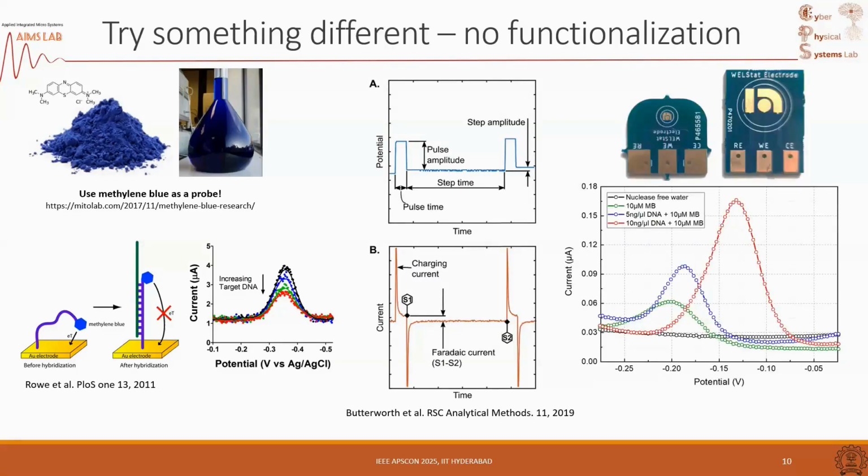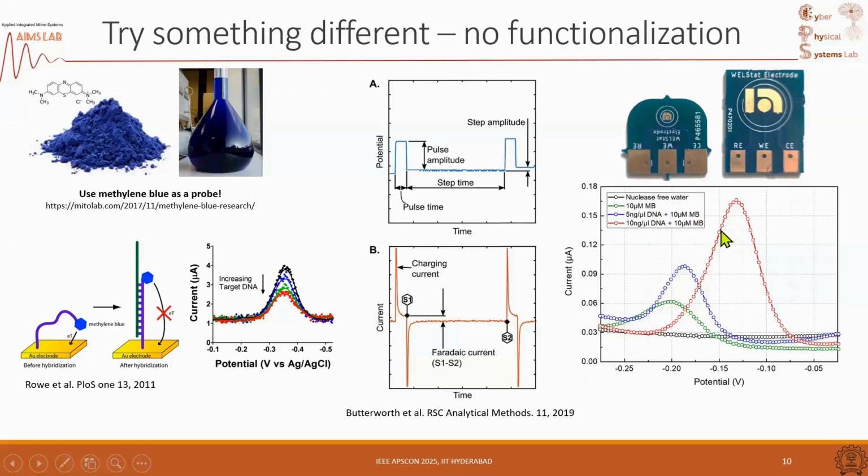In the middle panels, I've just shown what the DPV currents look like, but we can skip that in the interest of time. What I've shown here on the right are photographs of some of these electrodes that we made. What you'll notice is this green curve is just methylene blue, and then the blue and red curves are methylene blue plus DNA.